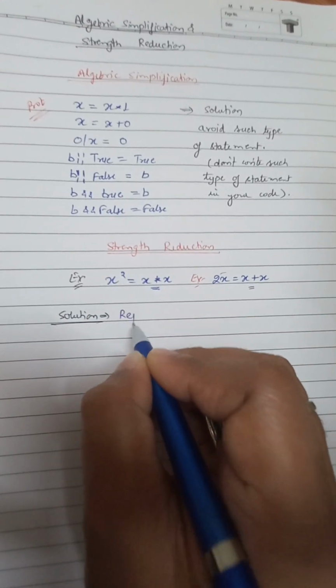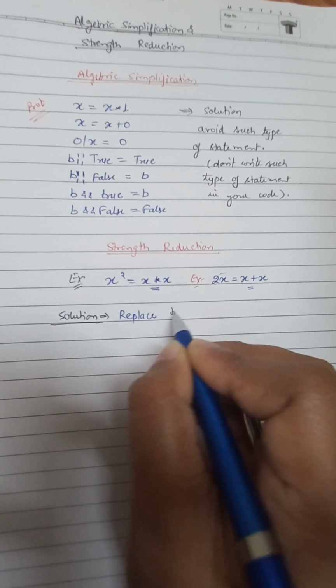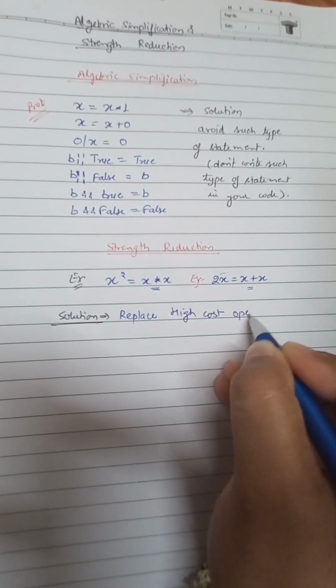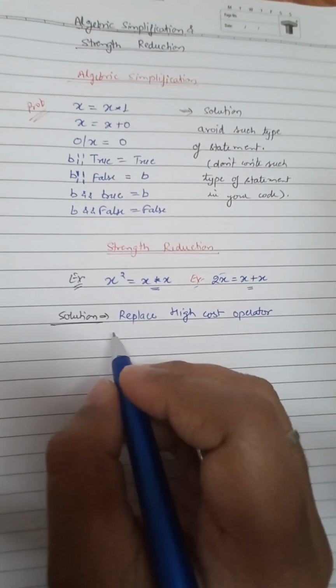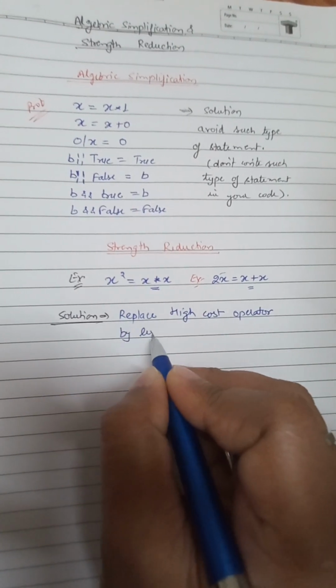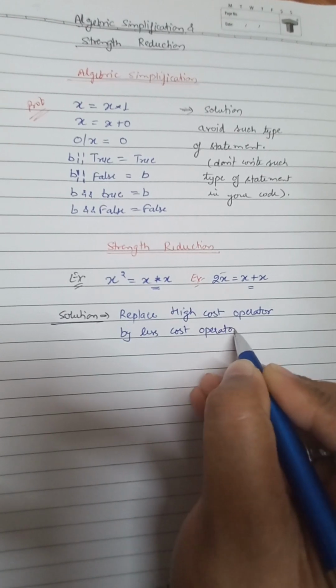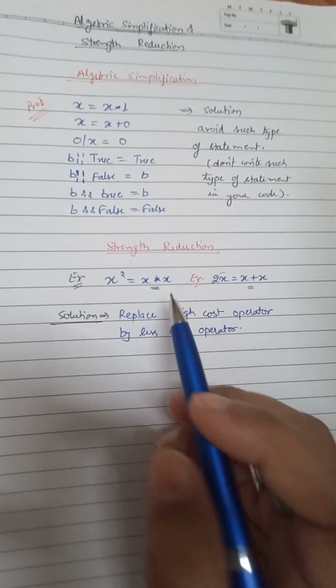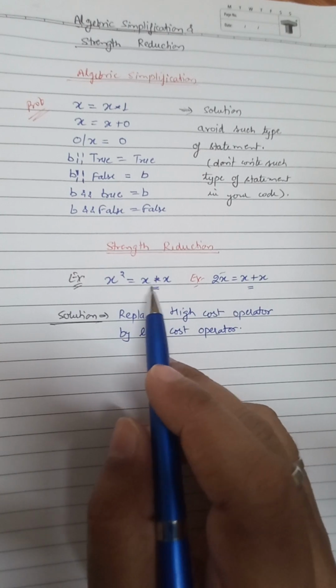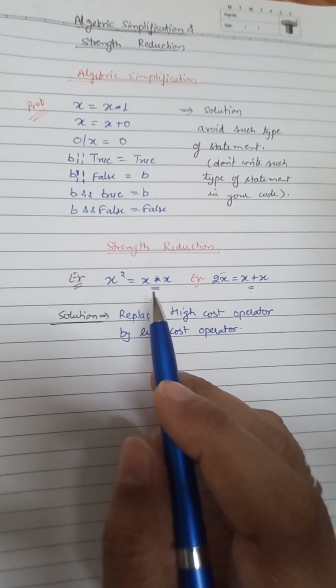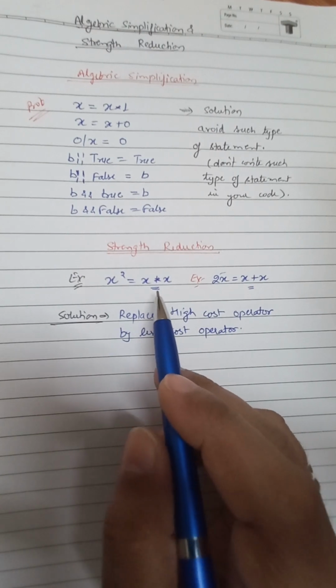So the solution for that is we always need to replace a high cost operator by a less cost operator. It means if this is the statement we are supposed to write, we need to write it in such a way that it will use addition instead of multiplication.